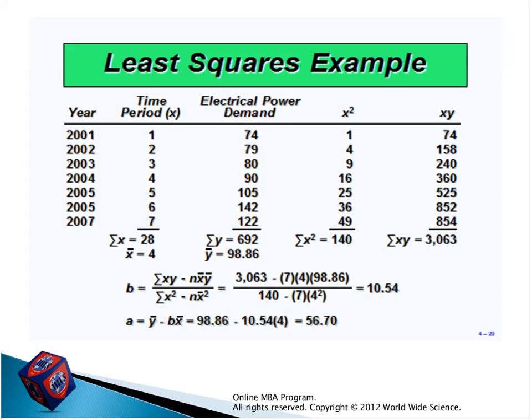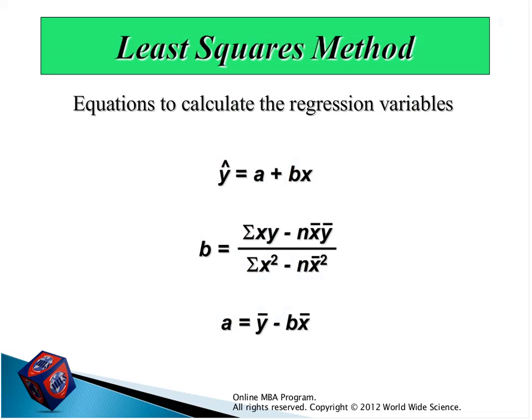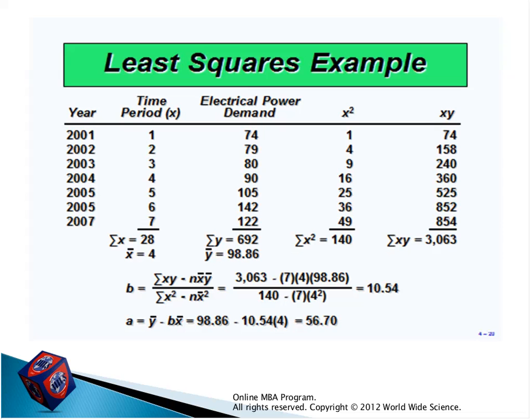Because we need sigma x in power of 2 for calculating A and B. Look at the formula B. Sigma x in power of 2. So, we must calculate this.